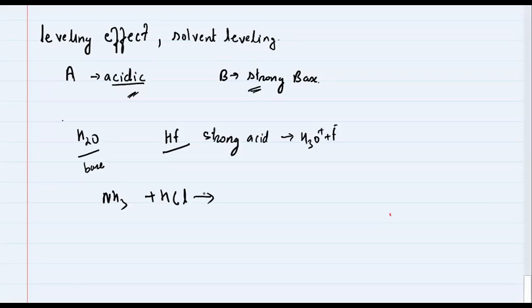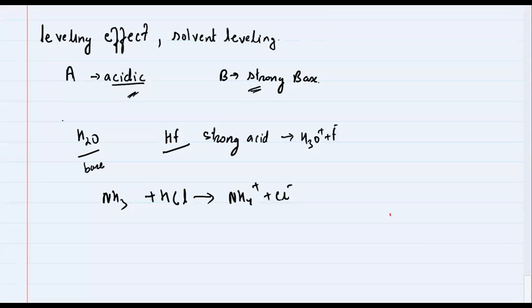It will form NH4 plus Cl minus. Right, everyone? Now I hope all of you understood the example.